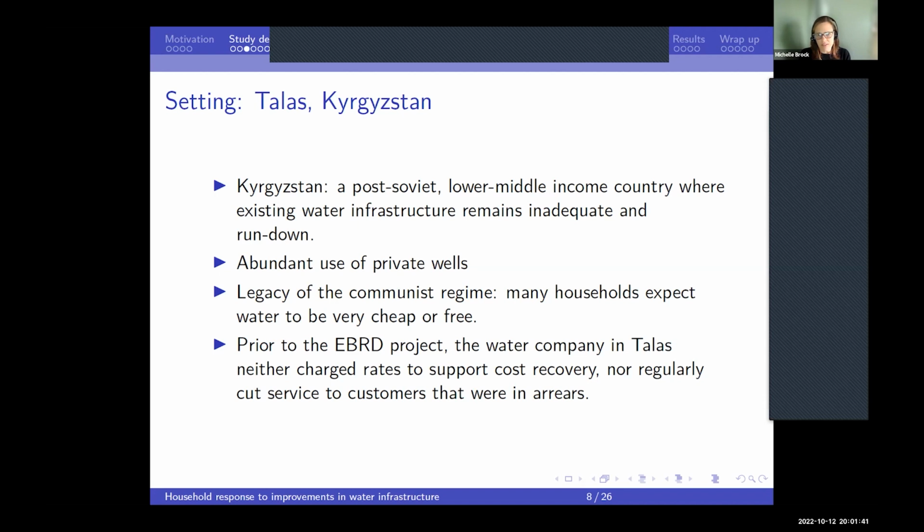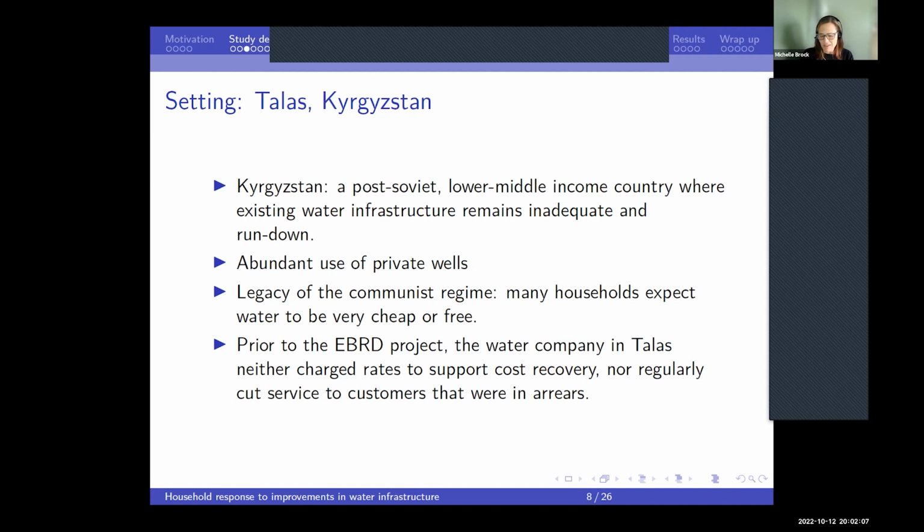Also, the legacy of the communist regime, and in Tillage in particular, the water utility has not always been well run. There has historically been problems with trust, and in terms of the billing, rates have always been quite low. They have not historically supported cost recovery, and the company would not regularly cut service to people who were not paying their bills.